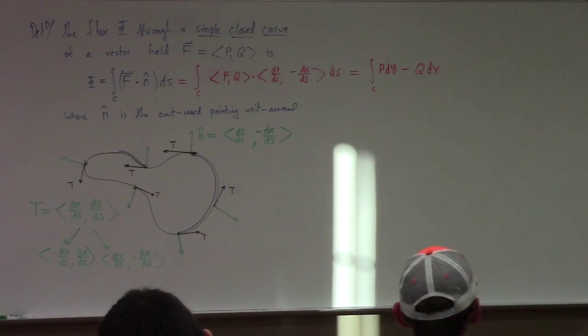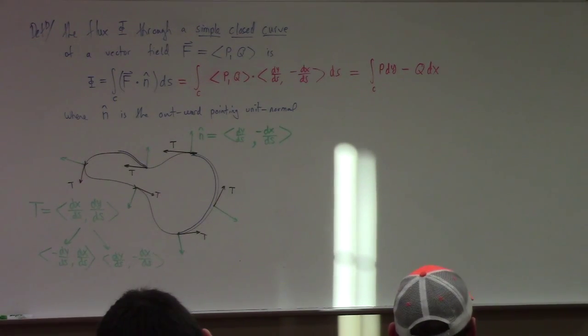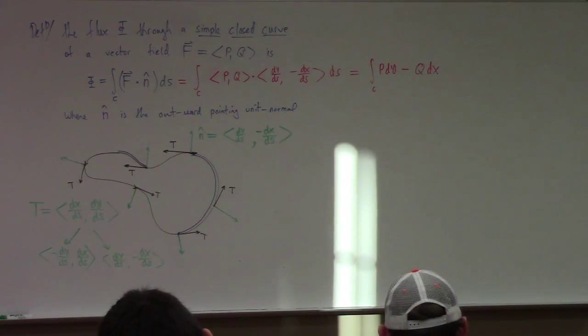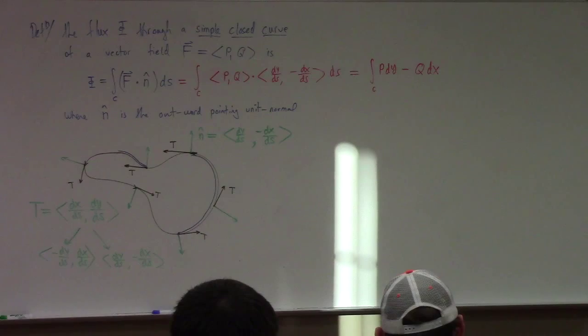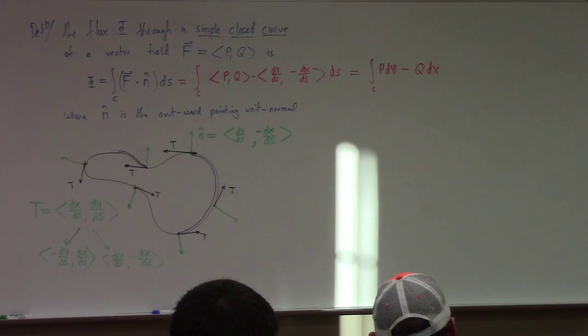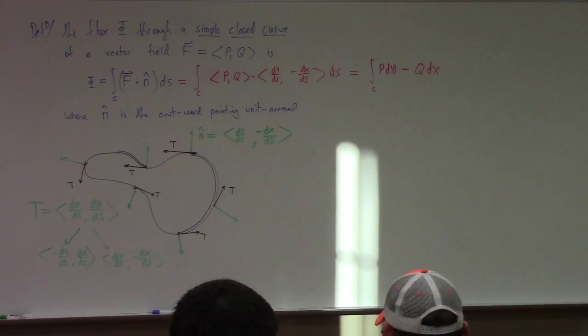From the geometry, I think I can already tell you what the answer is going to be. I think the answer is going to be 2 pi, because the length of the circle is 2 pi. The magnitude of that vector field is, in fact, 1 as we look at the unit circle. Let's work it out, though.